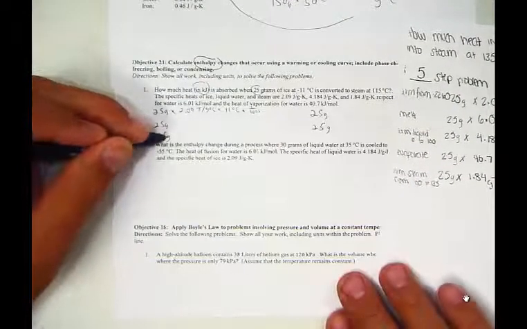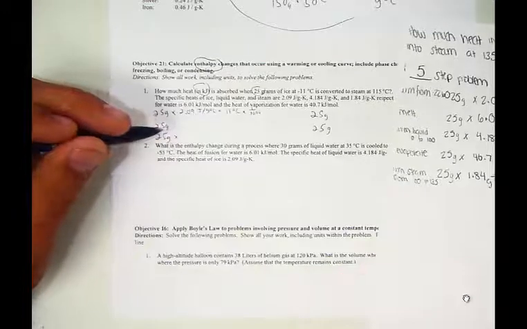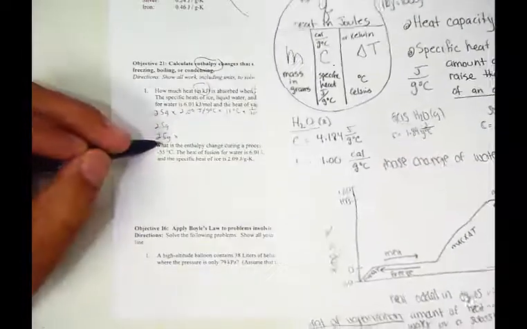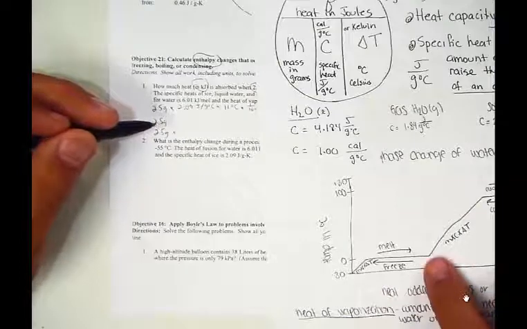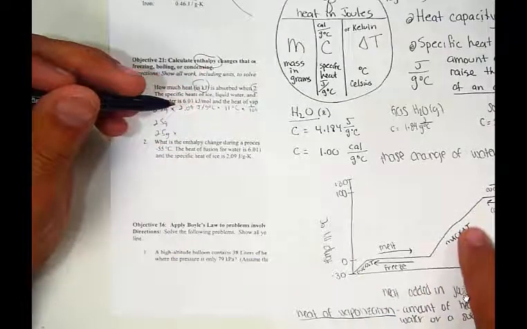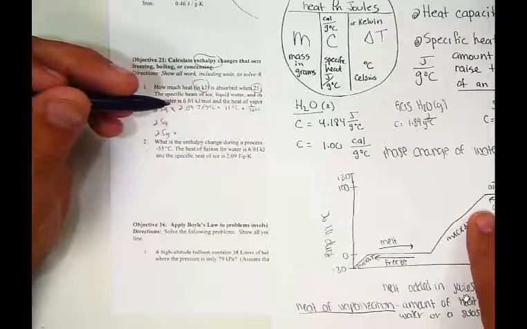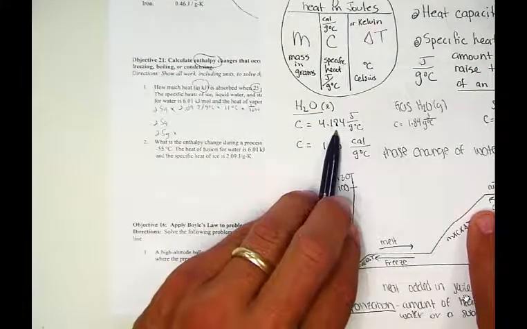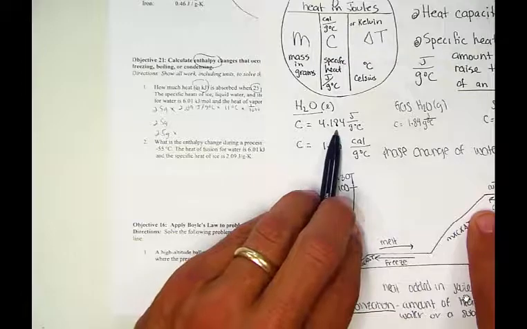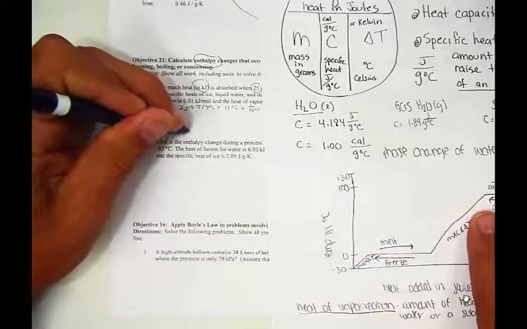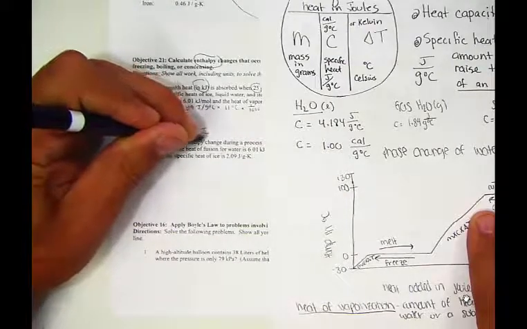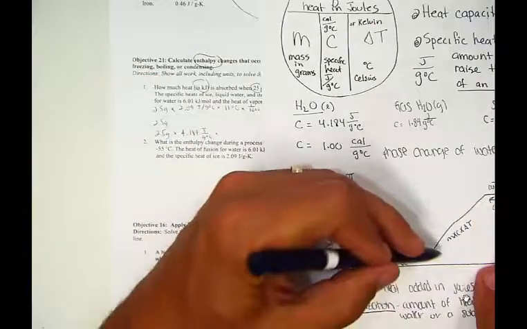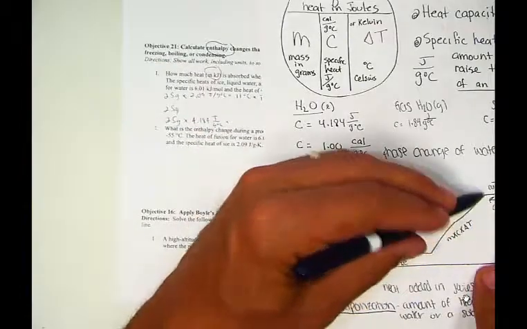The next one is 25 grams times, to get from 0, this is just a change in temperature of liquid water. So liquid water's specific heat is 4.184 joules per gram degree Celsius, and it's going to need to change 100 degrees before it can start to evaporate.